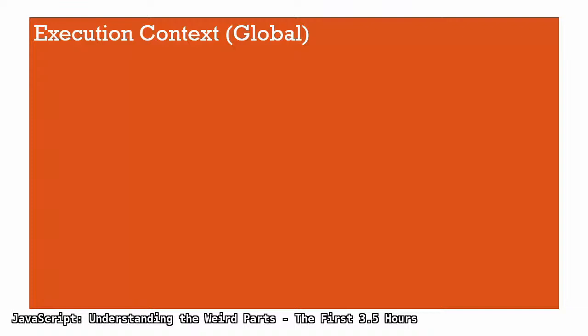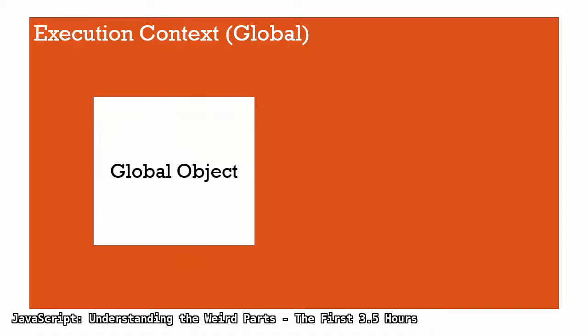The base execution context is your global execution context. And it has a couple of special things that come along for the ride. When we say global, we're talking about the thing that's accessible everywhere to everything in your code. All right, so the global execution context creates two things for you that you don't have to create in your code.